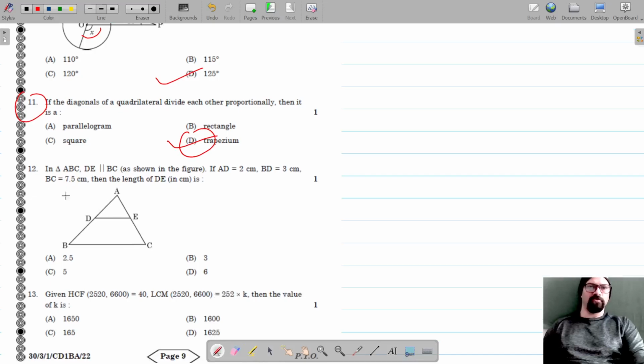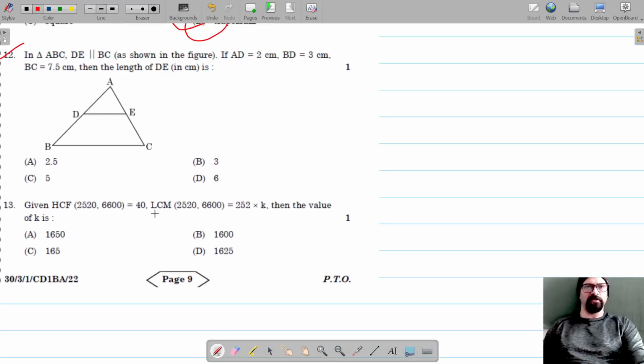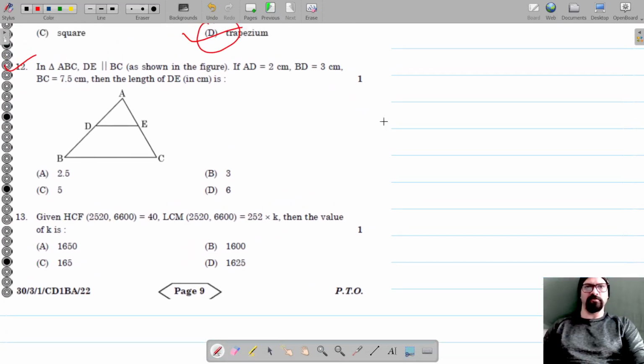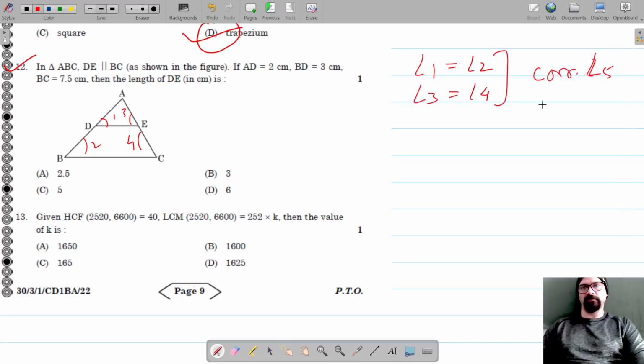Okay, for question number 12, it's given that in triangle ABC, DE is parallel to BC, so that means angle 1 is equal to angle 2 and angle 3 is equal to angle 4 because these are corresponding angles.